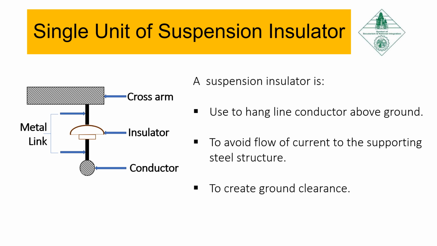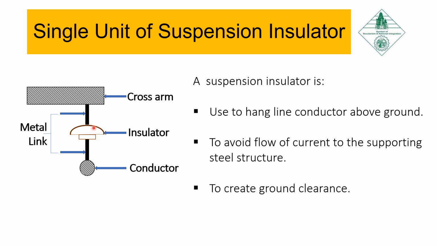Let us consider a single unit of suspension insulator with two metal links fixed on the top and bottom of the insulator. The top end of the metal link is fixed to the cross arm and the bottom end is connected to the conductor.